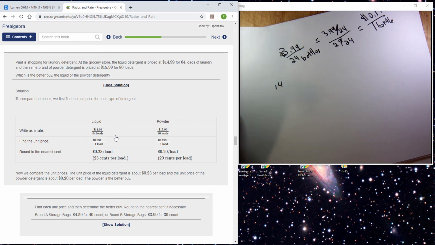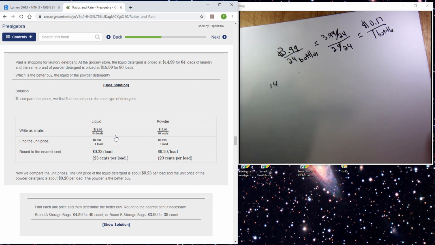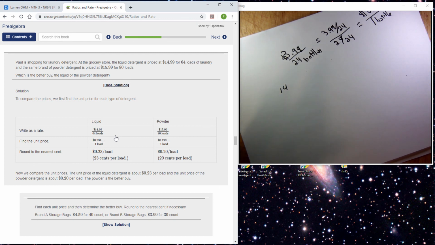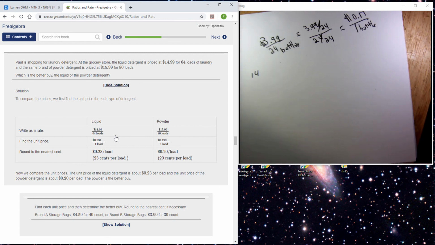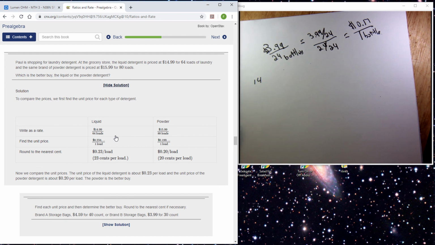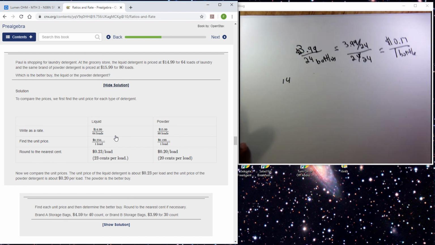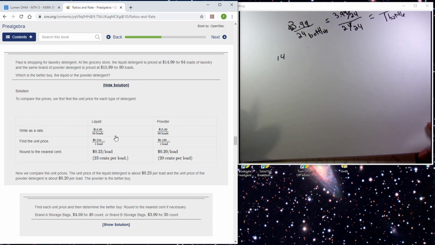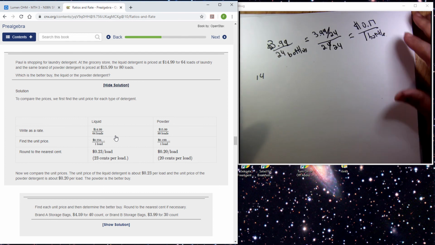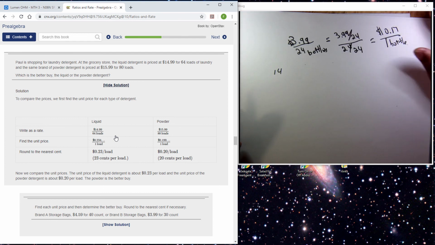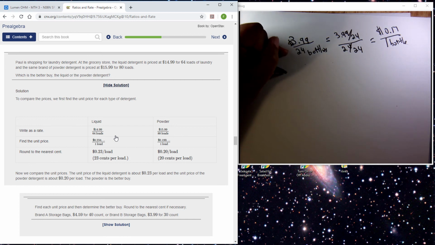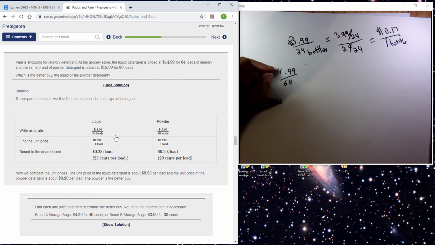So I have here $14.99 and 64 loads. Then the other one I have $15.99 and 80 loads.